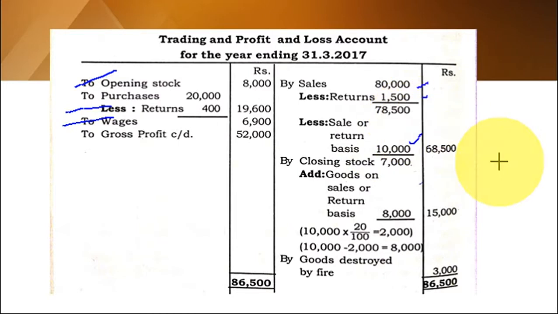Then closing stock. Here what happens? For closing stock, 7,000 worth of goods are there. When we are cancelling this, what happens? Actually, we had the goods, correct? And we just sold it.